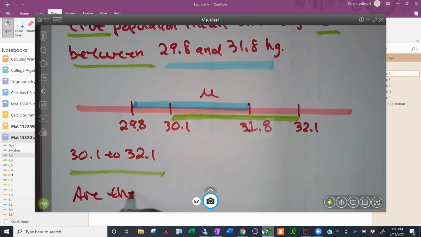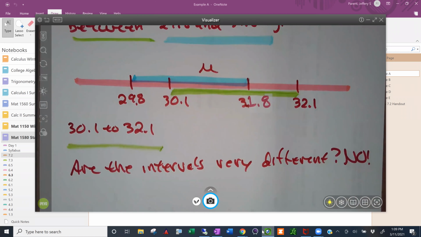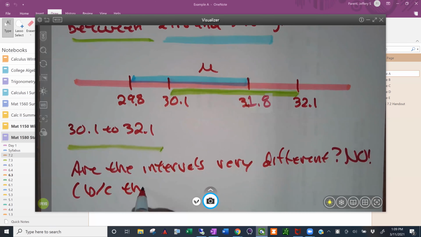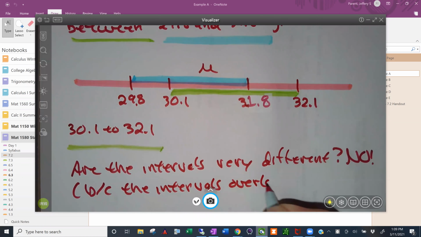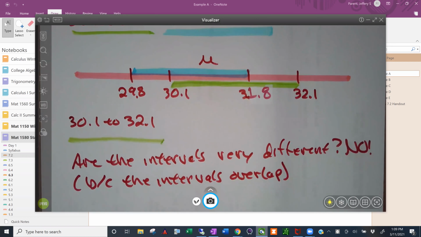Are the intervals very different? No. And that's because they overlap. So it ignores the fact that the numbers are only different by about 0.3 hectograms on each side.